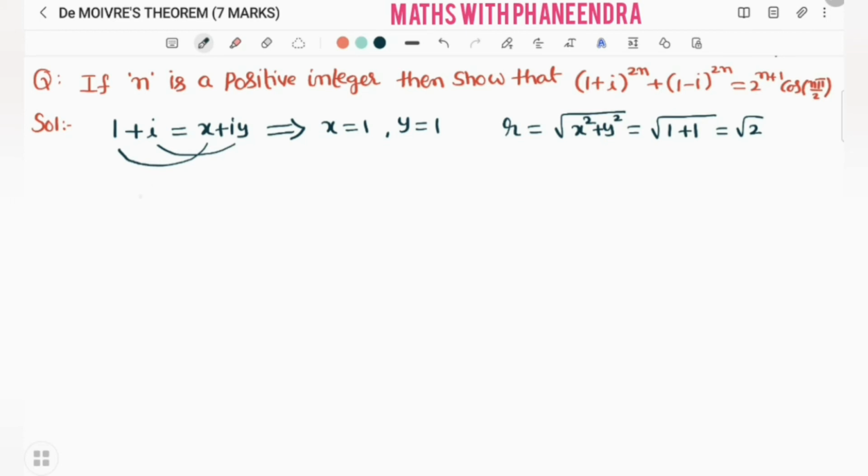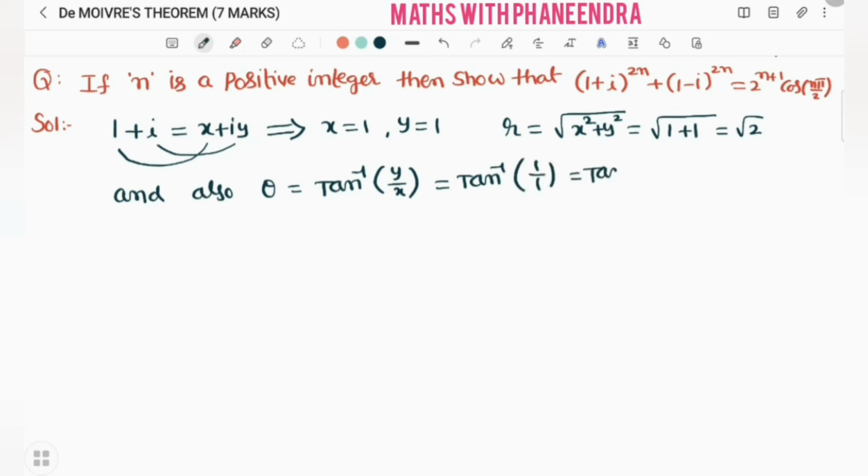And also find the value of theta, tan inverse of y by x. This is the amplitude of the complex number. So tan inverse of 1 by 1, so tan inverse of 1. Tan inverse of 1 is equal to pi by 4. So therefore, theta is equal to pi by 4. Theta value we got, r value also we got.